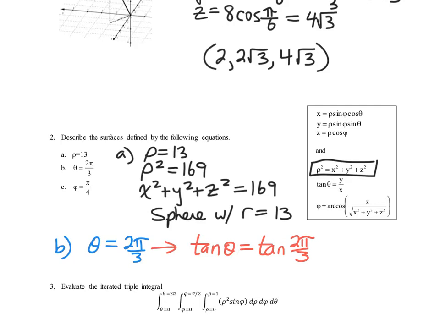That's your intermediate step where you're actually just operating on this, and then we could apply the rule saying that tangent of theta is equal to y over x. We just need to know what the tangent of 2 pi over 3 is. No, 3 pi over 2 would be undefined.